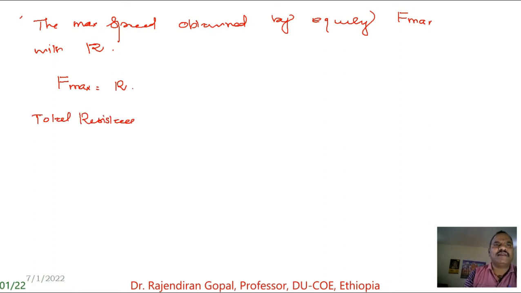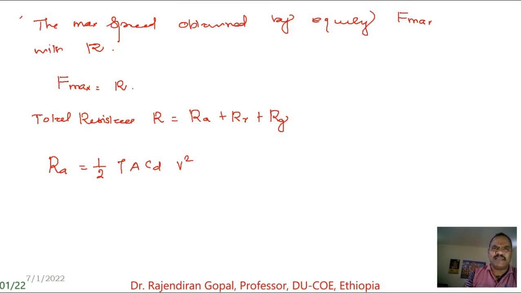This total resistance R is equal to aerodynamic resistance plus rolling resistance plus gradient resistance. This aerodynamic resistance RA is equal to half rho A CD V square, where rho is the density of air, A is the projected area, CD is the aerodynamic drag coefficient, V is the vehicle speed.